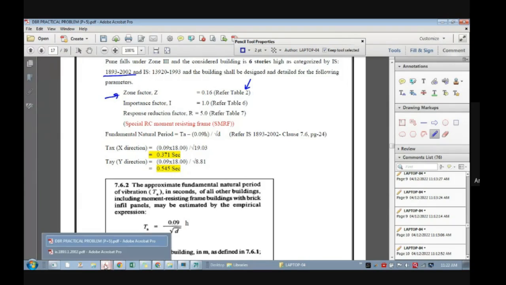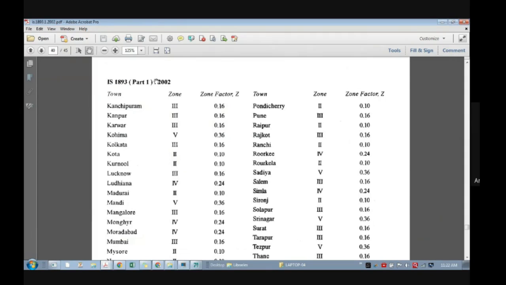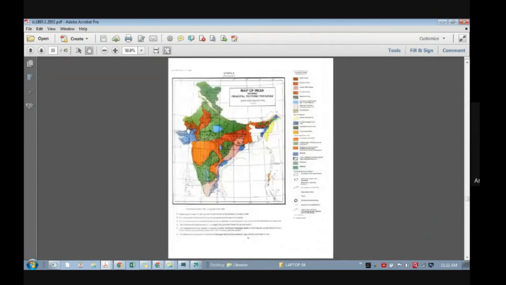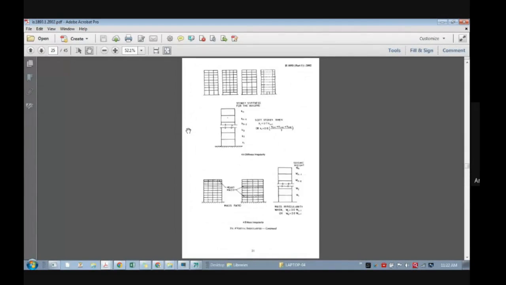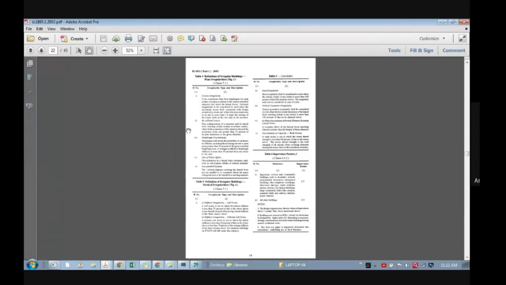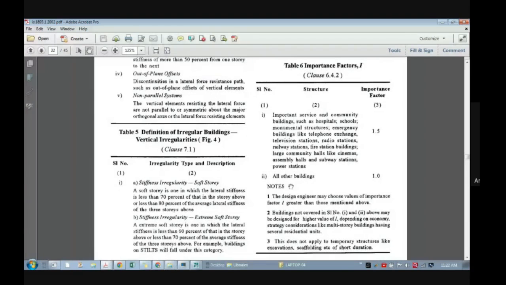Okay, first the importance factor, table number 6. Actually, it is coming under all other buildings, which is 1, table number 6.